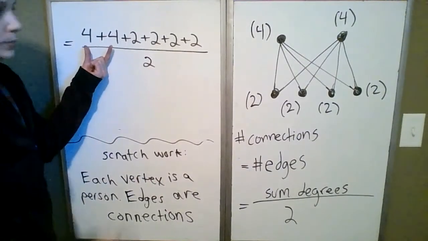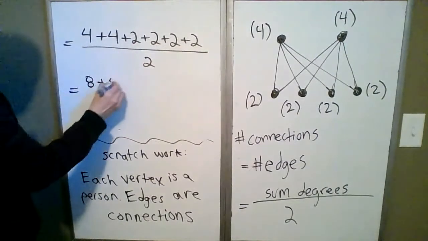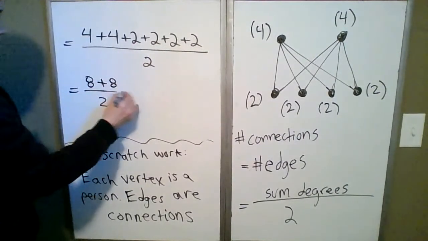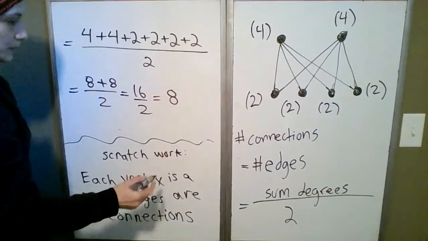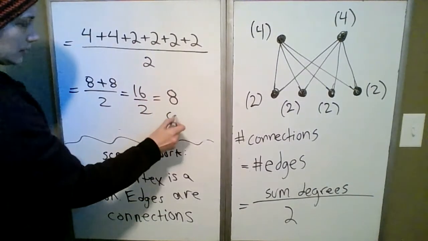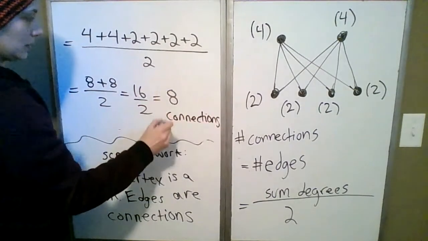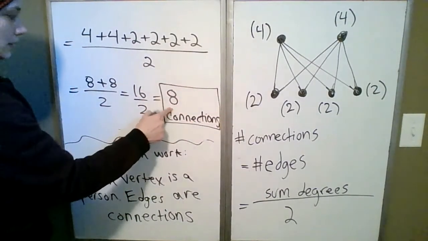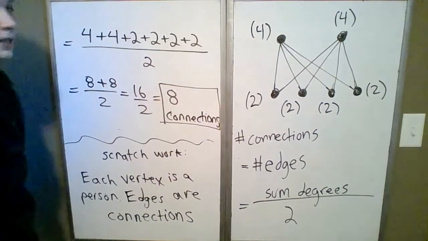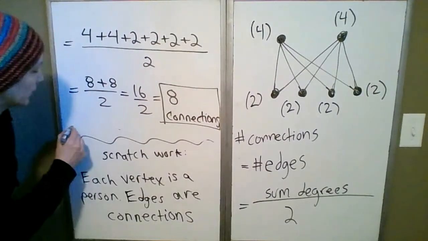Eight plus 2, 4, 6, 8. 16 over 2 is 8. It says 8 connections. I'll just put it right here.